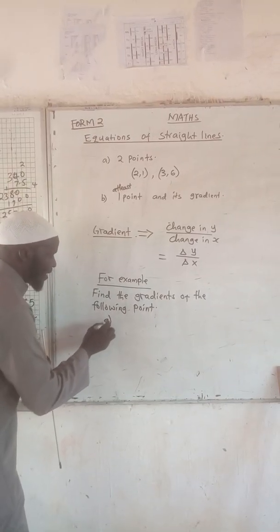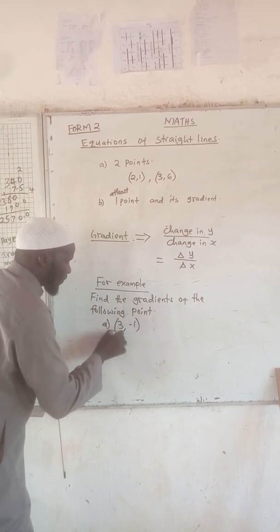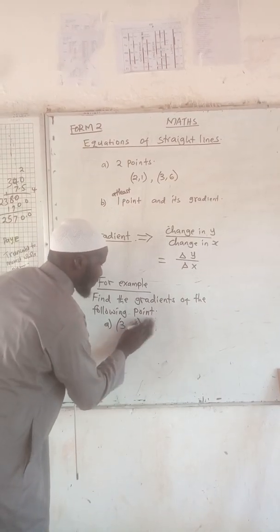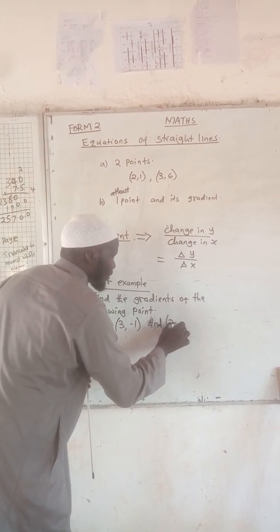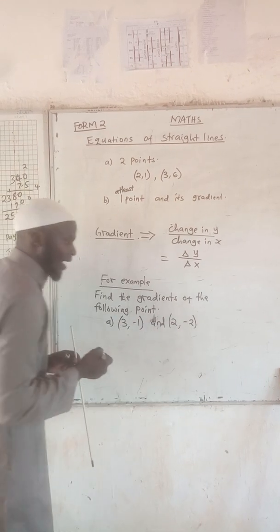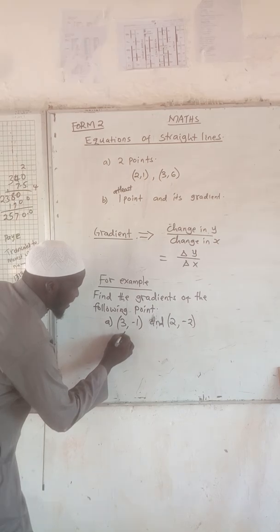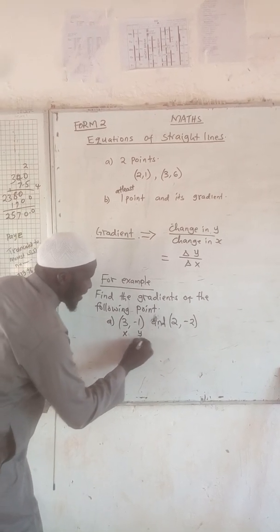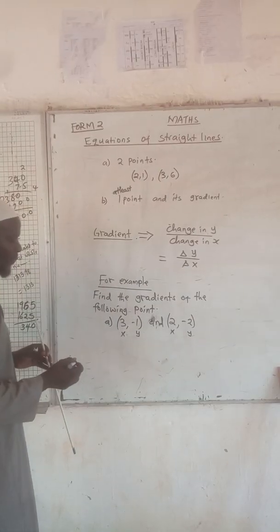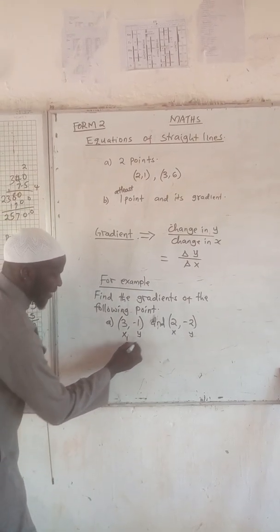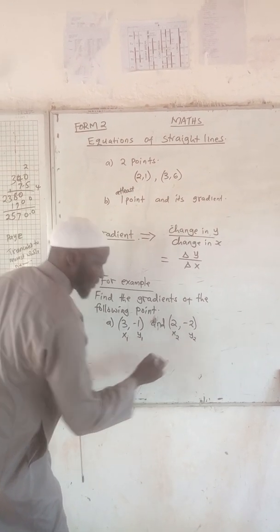Point number A, let's say 3, -1, and 2, -2. How do we get the gradient? So here, this is x and this is y. This is x and this is y. Now, you can say that if this is x1, this is y1. If this is x2, this is y2.